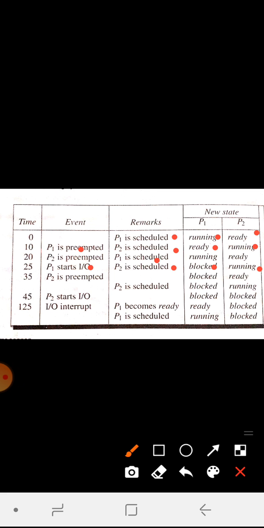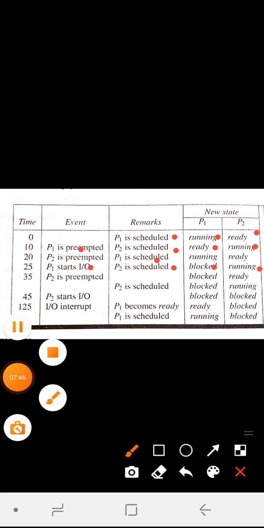Since P2 is scheduled, it will be in running state. At 35 milliseconds, you can see P2 is preempted, and we don't have any other process running. Therefore P1 is still in blocked state and P2 is in ready state, and this continues until the next process event occurs. Then P2 is scheduled, so P1 is blocked and P2 is running.